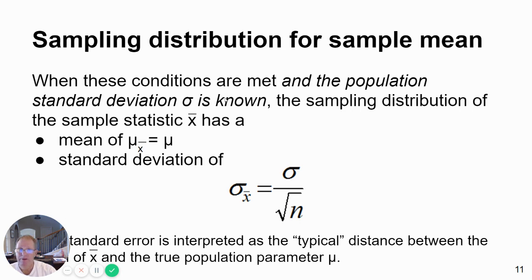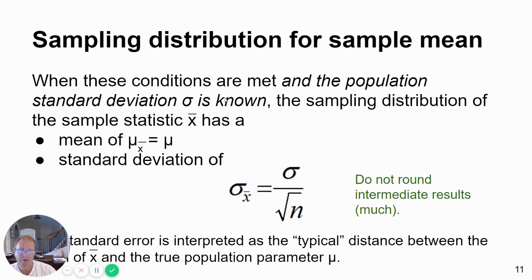And here's just a summary of what we talked about. When these conditions are met and the population standard deviation is known, the sampling distribution of sample statistic x bar has a mean of mu, a standard deviation given by that formula, and the shape of the sampling distribution is either normal or approximately normal.